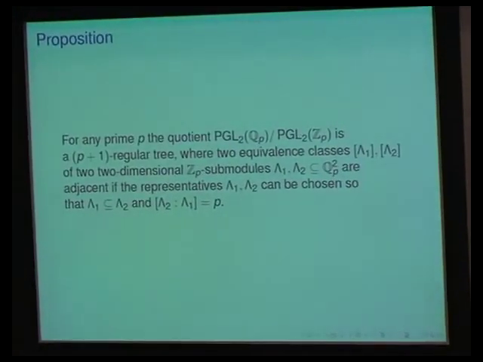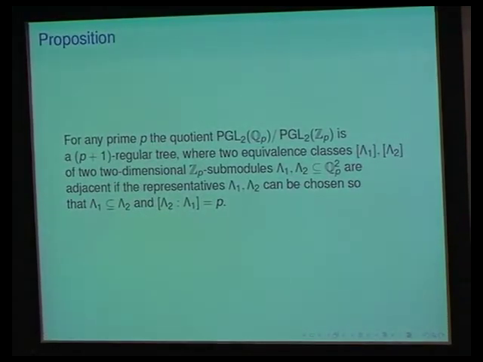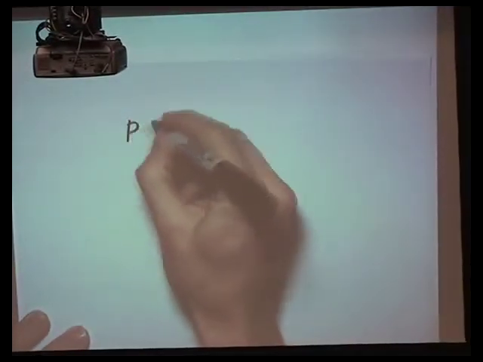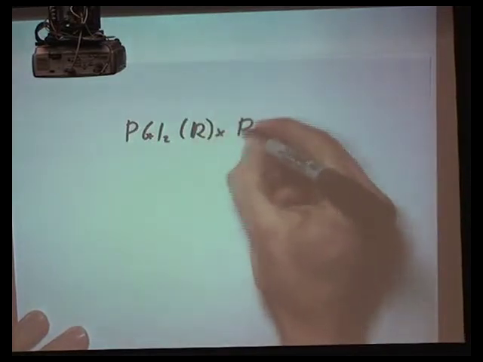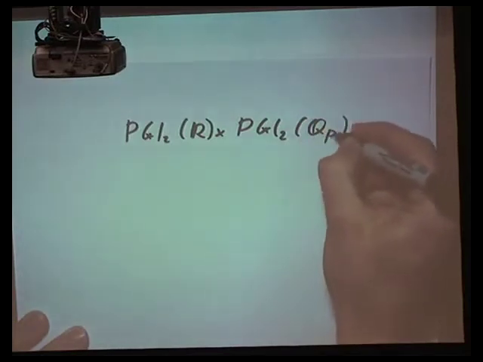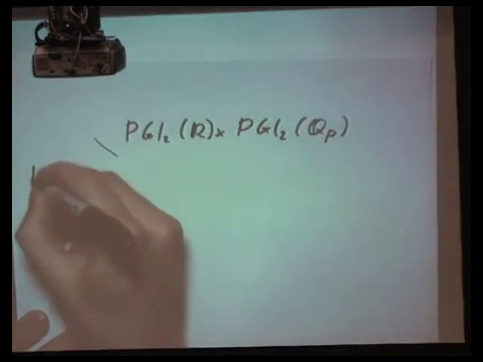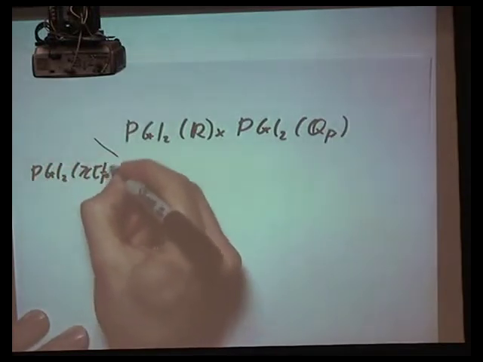Okay, this is now another important step. We have this space PGL2 R cross PGL2 Qp, and then we quotient out from this the lattice PGL2 Z[1/p].